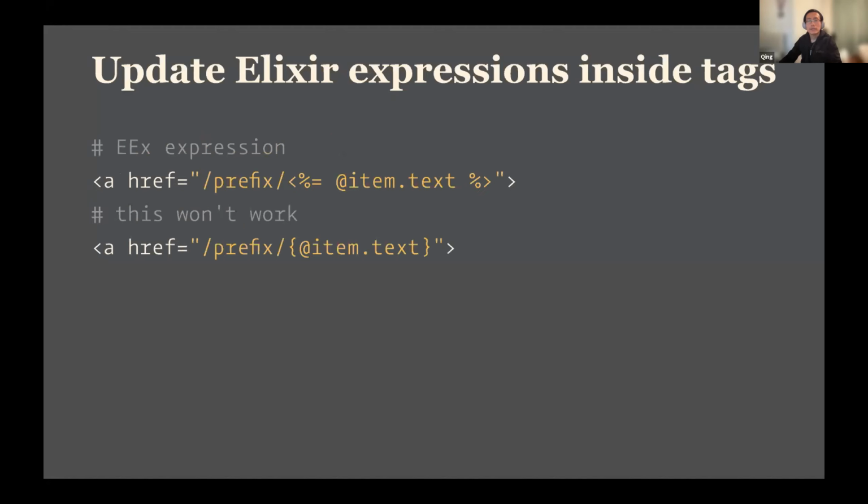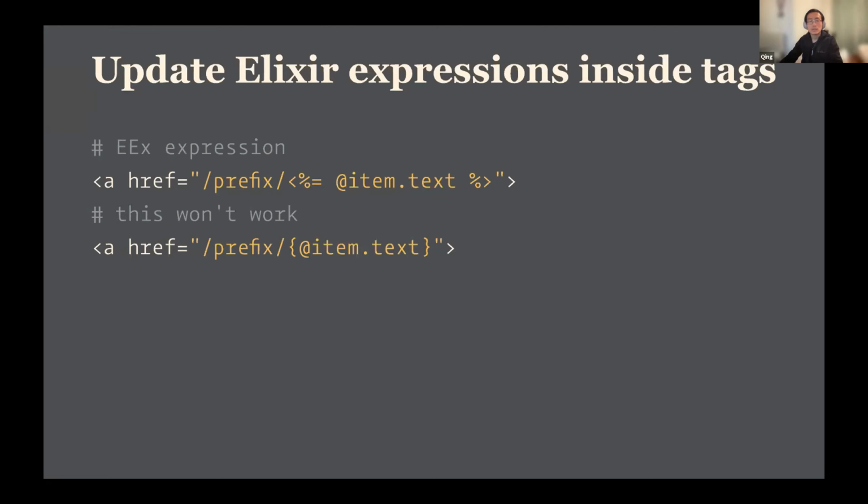But with EEx, we could do something like this. The Elixir expression can be only part of an attribute value. For example, here, the Elixir expression is add item.text, which is only part of the value for href. But in situations like this one, we can't just replace the EEx with the new curly brace expression.